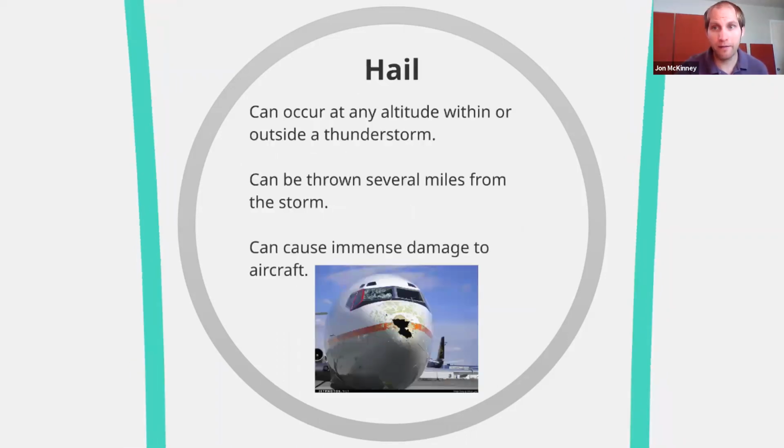Well, hail. So hail, that's a pretty nasty looking picture down there in the front. That pilot got way too close to some bad weather. Hail can occur at any altitude within or outside of a thunderstorm. Hail can be thrown several miles from the storm. Hail can cause immense damage to the aircraft.